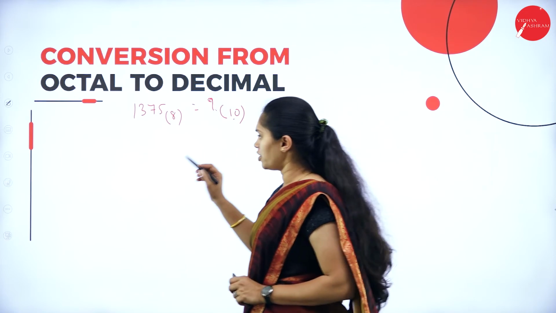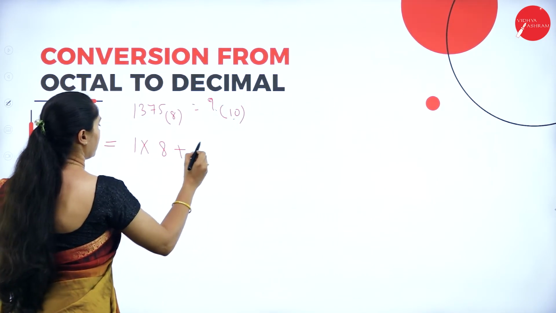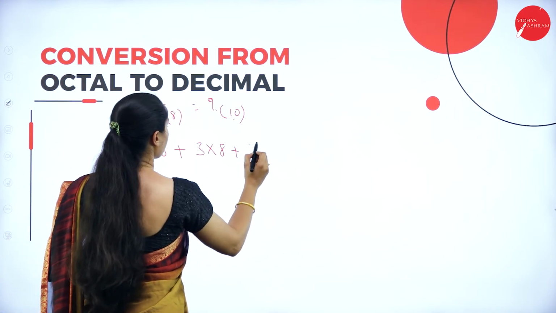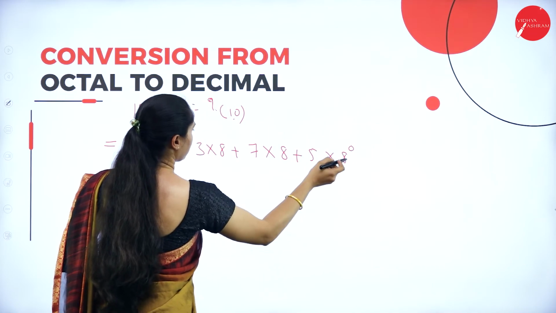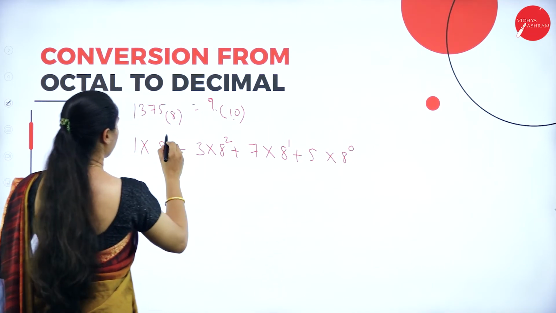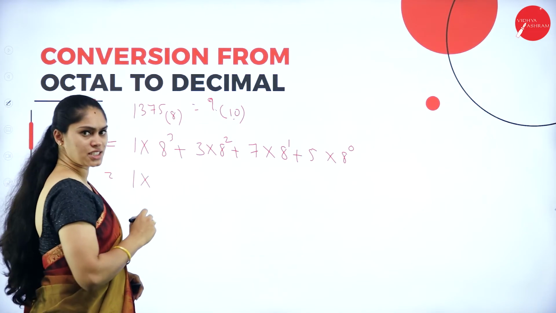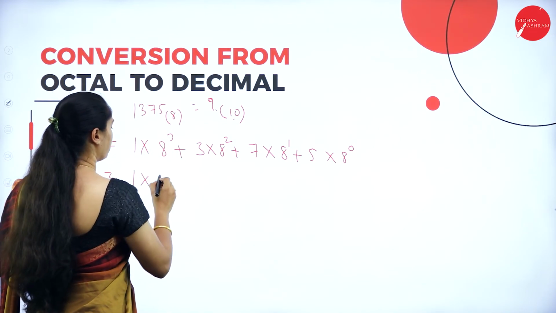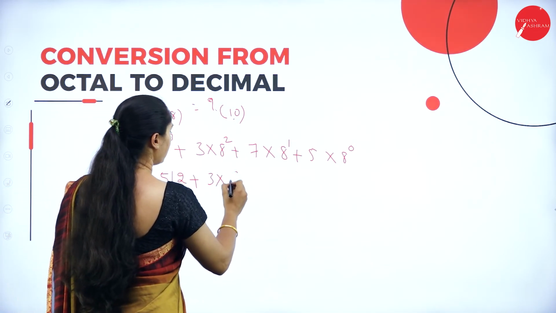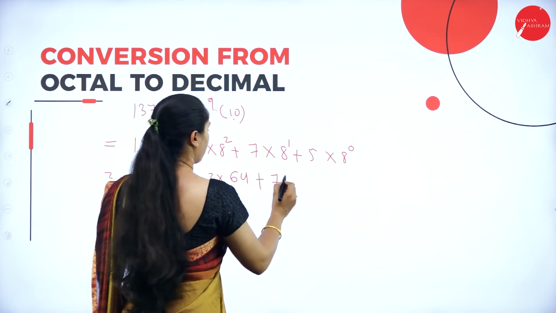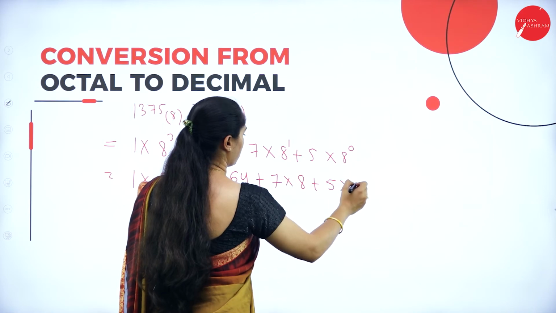Let me start with the solution here. Write equal, then 1 into 8 plus 3 into 8 plus 7 into 8 plus 5 into 8. Let me give the weightage: 8 power 0, 8 power 1, 8 power 2, 8 power 3. It will be 1 into 8 8s are 64, 64 into 8 will be 512, plus 3 into 8 8s are 64, plus 7 into 8 power 1 is 8, plus 5 into 8 power 0 is 1.